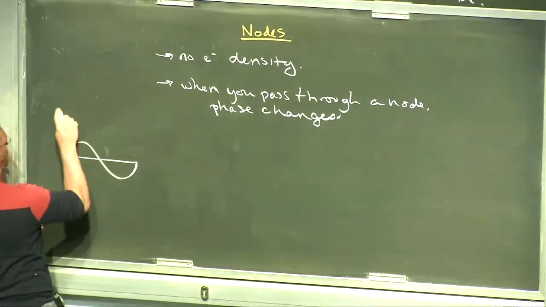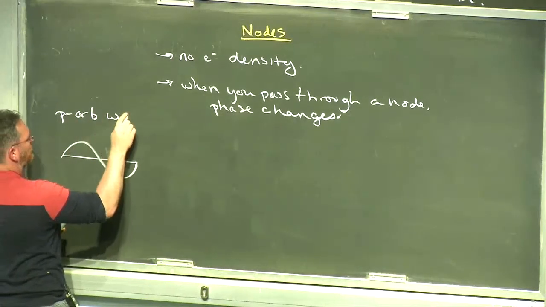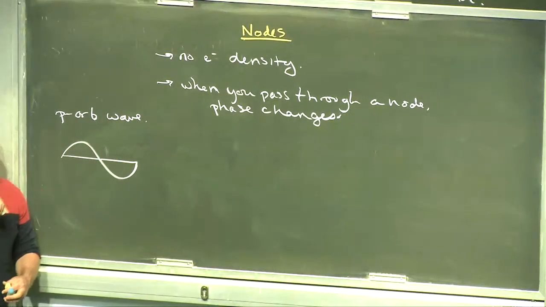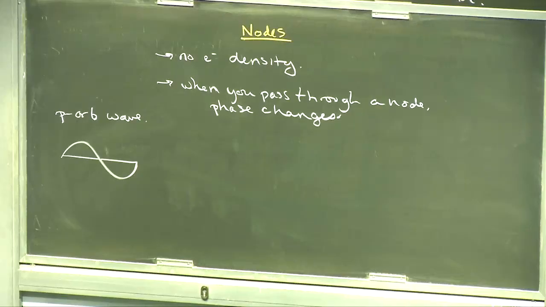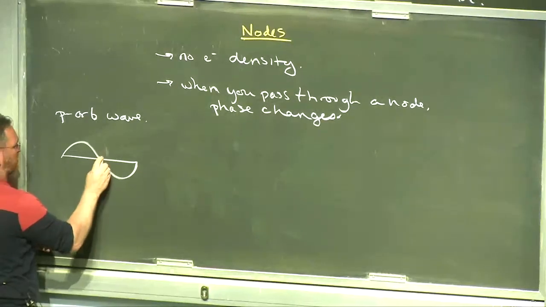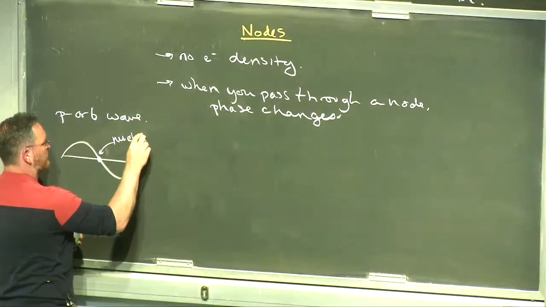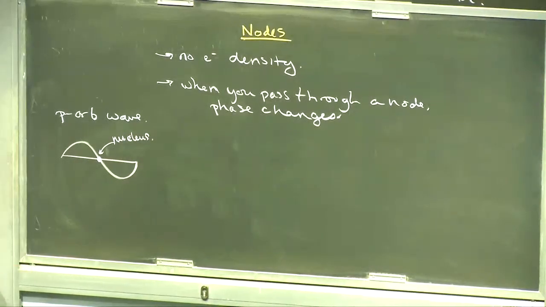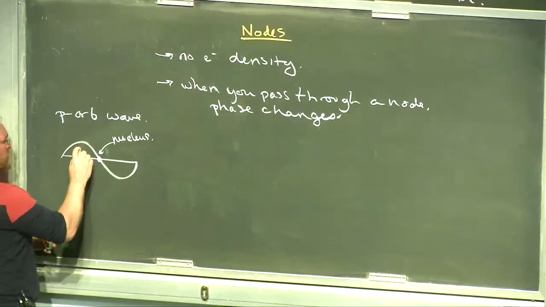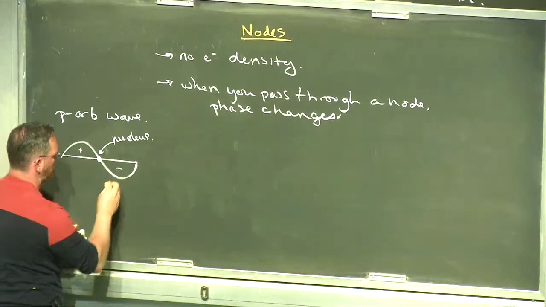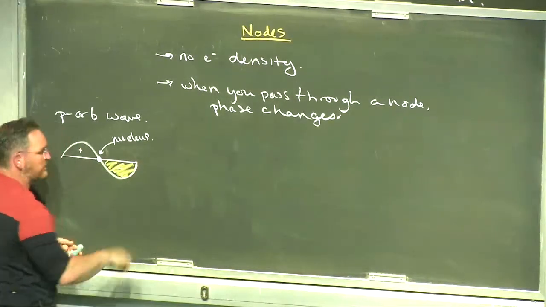Let's say this is the p orbital wave. Here's our nucleus. And in this wave, we have above and below the reference line, whatever that reference line means. The way that we're going to think about it is unfilled in and filled in.